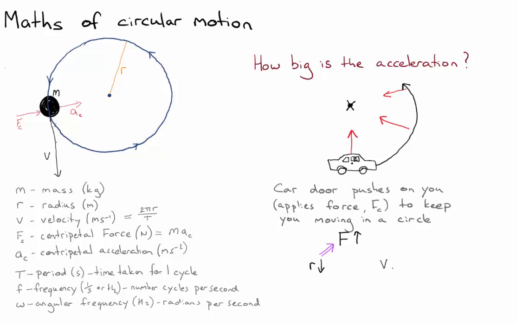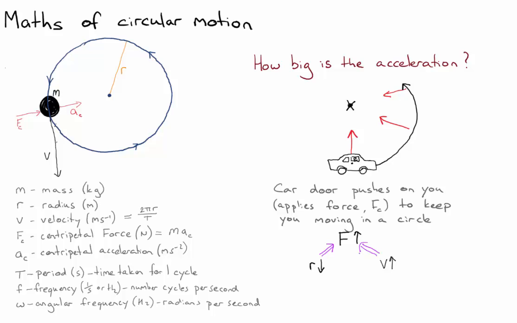Also, if you're travelling really fast and you turn a corner, you're going to feel a much bigger force than if you were travelling at a very slow speed. So a large velocity or a large speed will be caused by a large centripetal force. Let me just clarify.